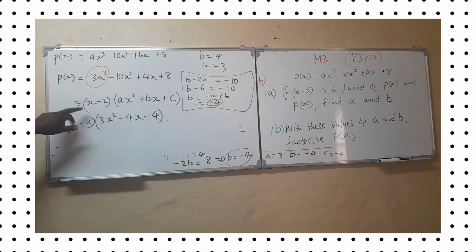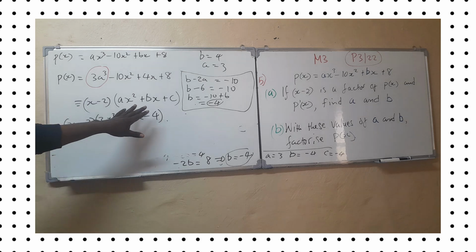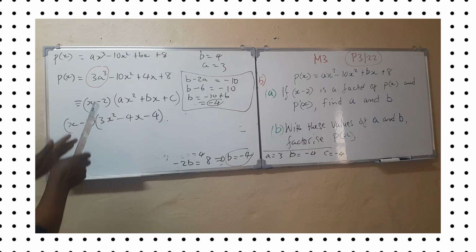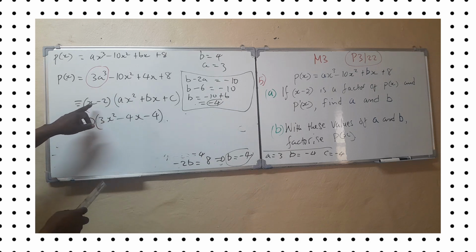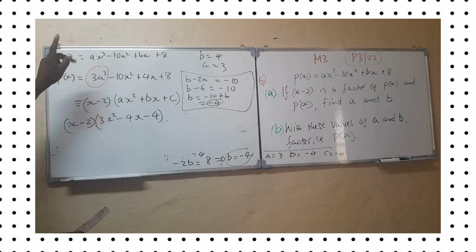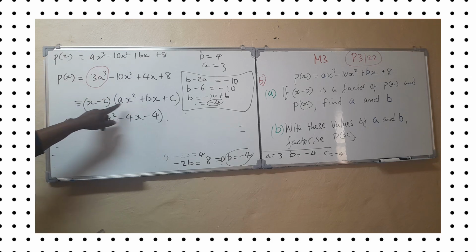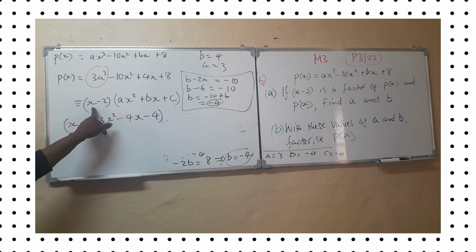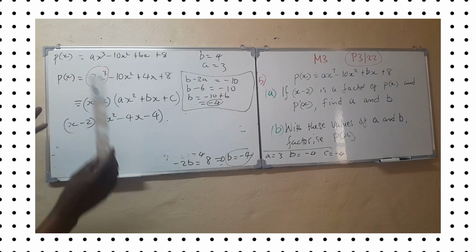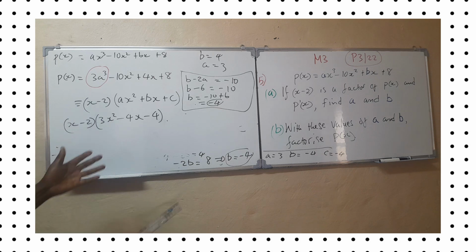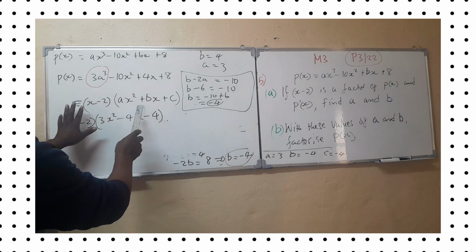So we came here and we said, okay, this x minus 2 has to be multiplied by some function to give us our P of x. That function, since P of x is of degree 3, must be of degree 2, because when you combine it with that, you have your x cubed. So it should be a quadratic function, ax squared plus bx plus c. That's why we wrote it like that.